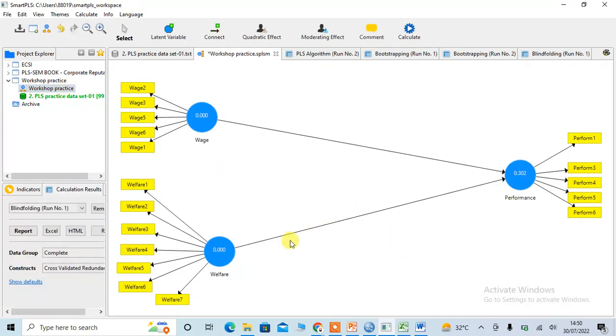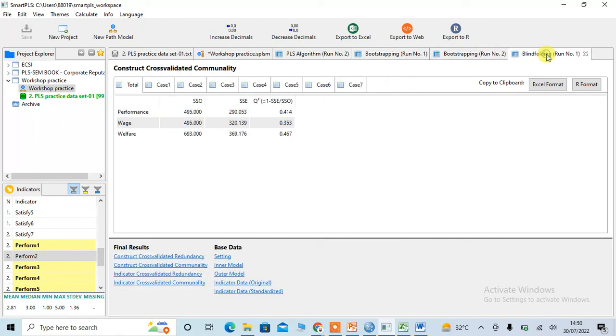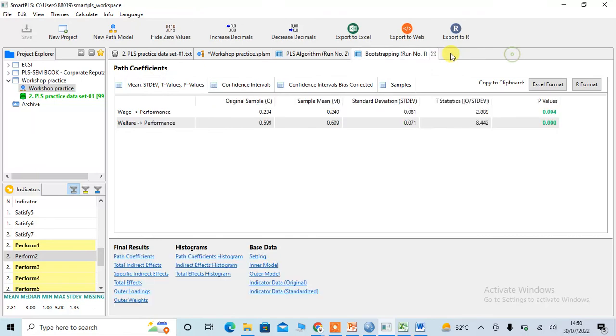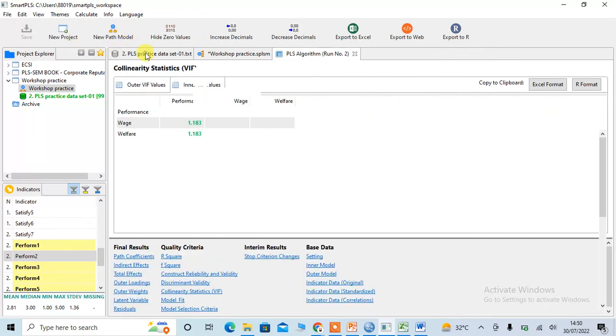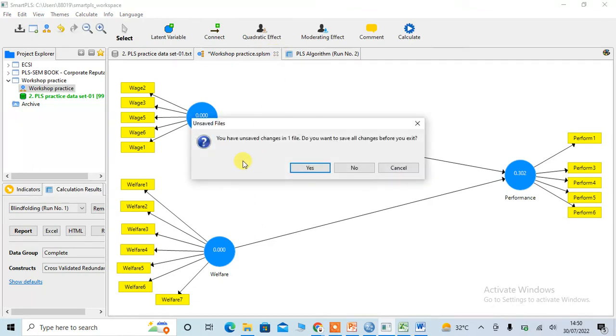We can keep the same model and add the mediator as well, that we learned here. So close all the windows, but when the final window comes, of course you will save it. Just save it.